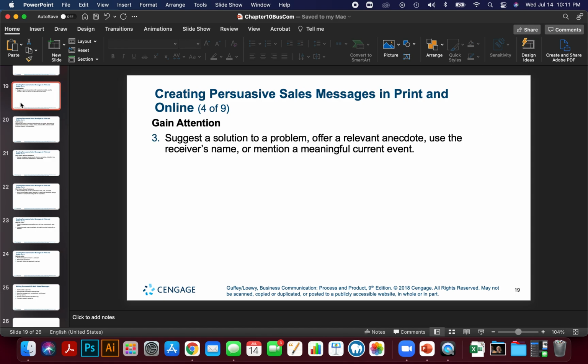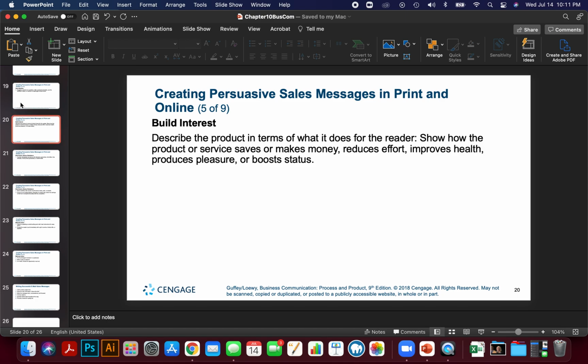Suggest a solution to a problem and offer a relevant anecdote of how your product has helped people like them in the past. That'll help you gain attention. Build interest by describing the product in terms of what it does for the reader. Show how the product or service saves them or makes them money, reduces effort, improves their health, has some sort of benefit to them.